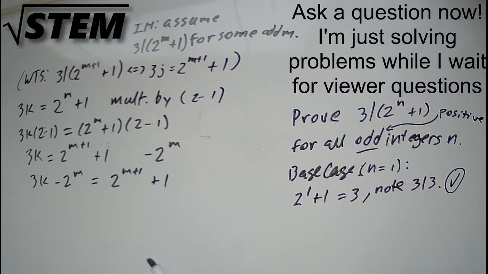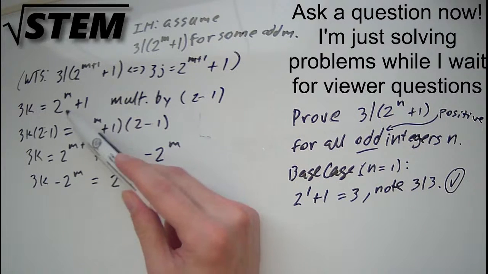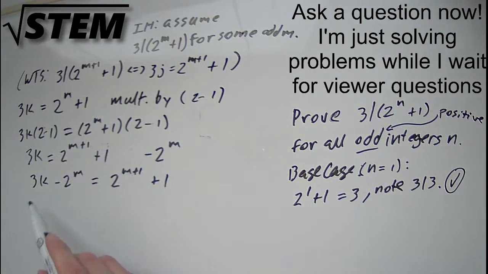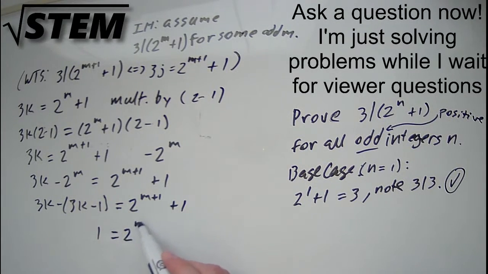By our inductive hypothesis, we could say that 2^m is equal to 3k minus 1. This might not work. 3k minus 3k, we get 1 is equal to 2 to the m plus 1 plus 1.